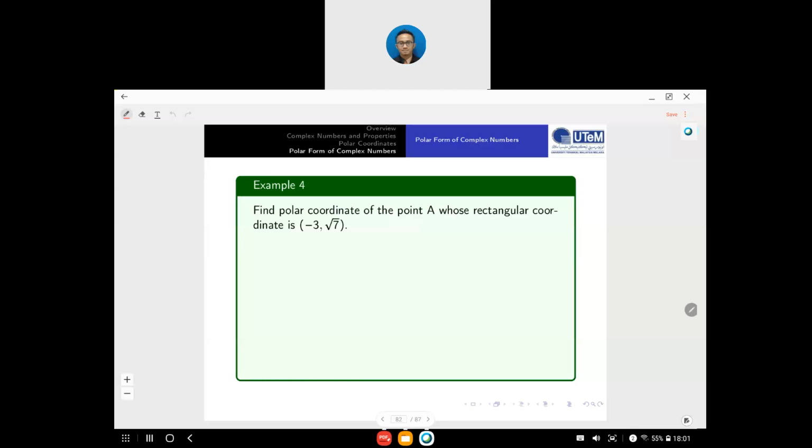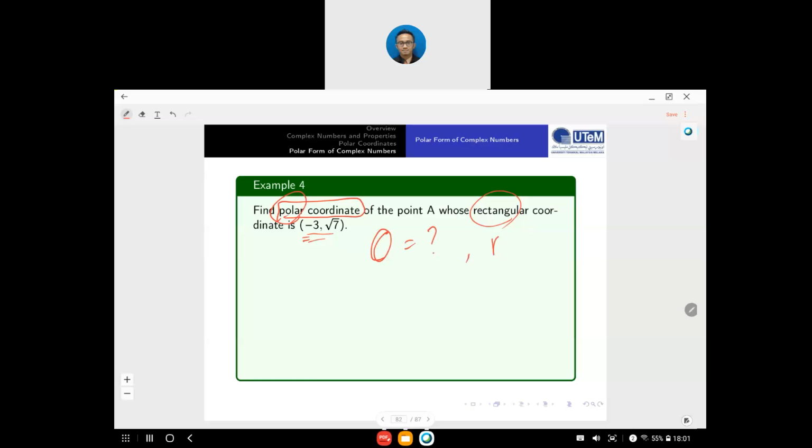Next. Express the following complex number in polar form. Same thing, the key idea is you need to find R first. R is square root of A square plus B square. So what is your A?